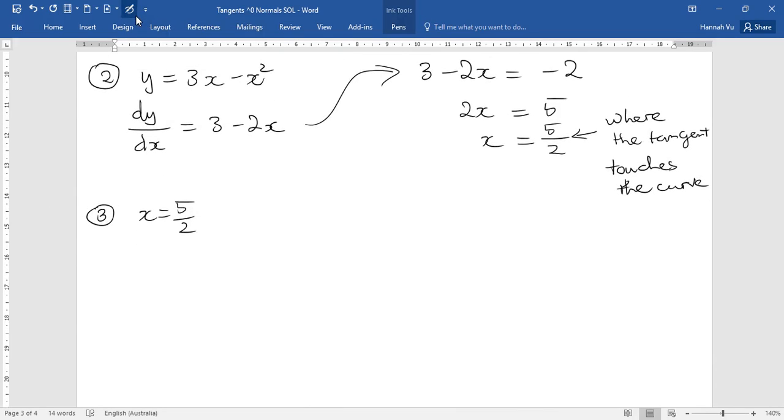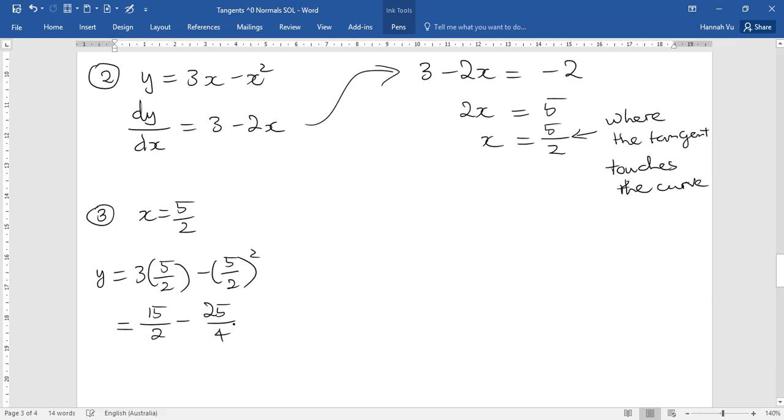So y is 3 times 5 over 2 minus 5 over 2 squared. So we have 15 over 2 minus 25 over 4. That's 30 over 4 minus 25 over 4, which is 5 over 4. So the point where the tangent touches the curve is (5/2, 5/4).